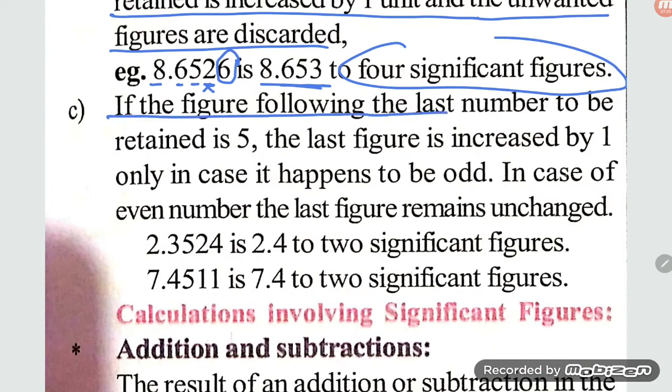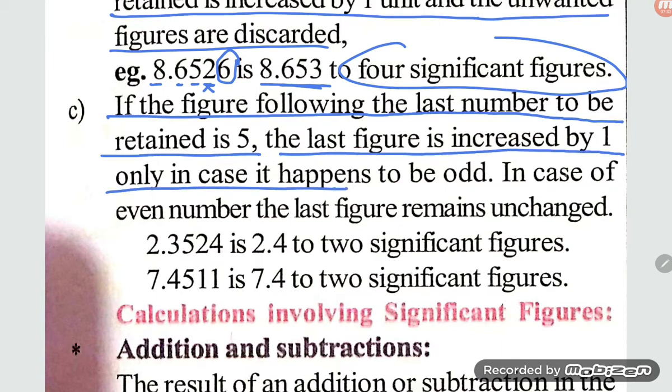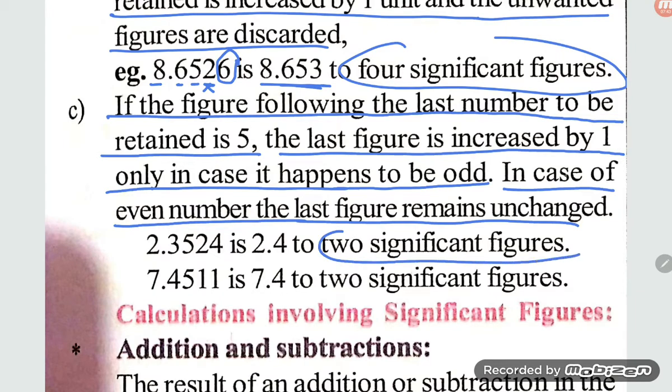If the figure following the last number to be retained is 5, the last figure is increased by 1 only if it happens to be odd. In case of an even number, the last figure remains unchanged. So suppose 2.35, asked for two significant figures.